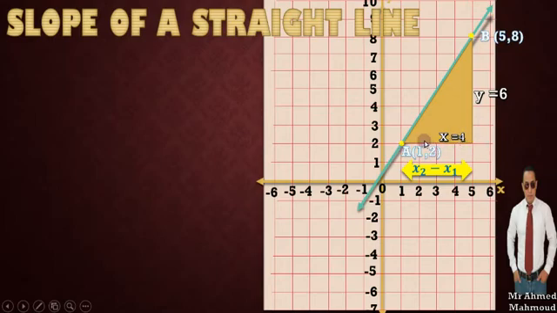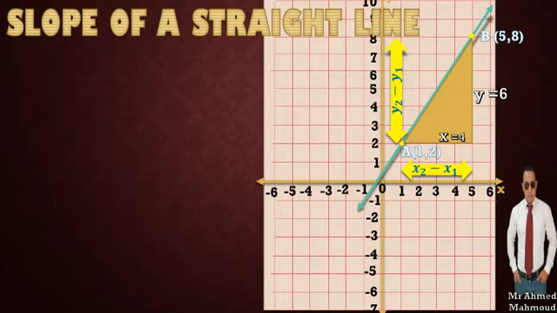So I can get this length in two different ways: by counting the units, and if I don't have a shape or a graph like this, I can find the x change by subtracting x2 minus x1. Here I can find the y change by subtracting 8 minus 2, which equals 6. 8 is y2, 2 is y1, then y2 minus y1 equals the change of y. I call it y because this is parallel to the y-axis.